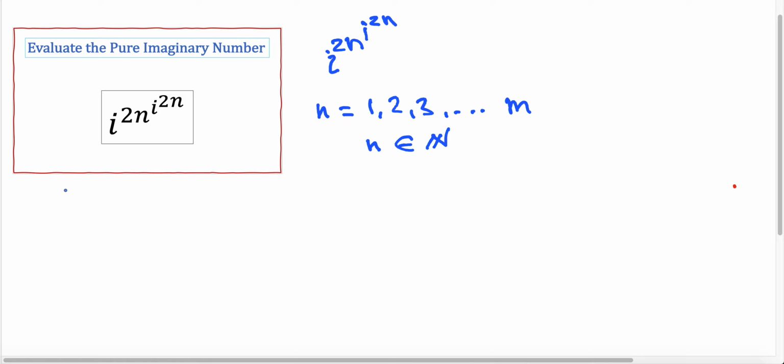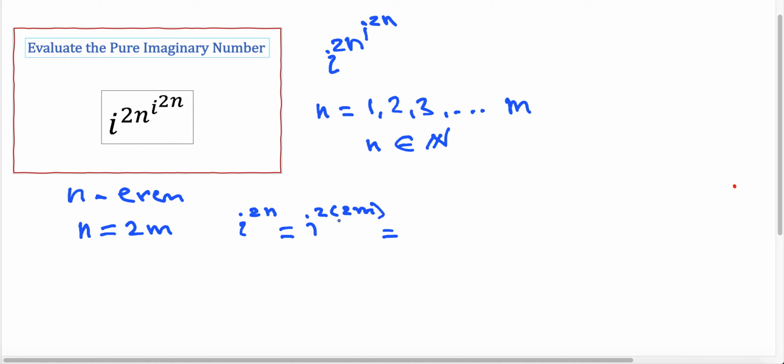And now let's take the case when n is an even number. When it's even, n is going to be equal to 2m. Now I'm taking just one part, i^(2n). So i^(2n) is equal to i to the power 2 times 2m.